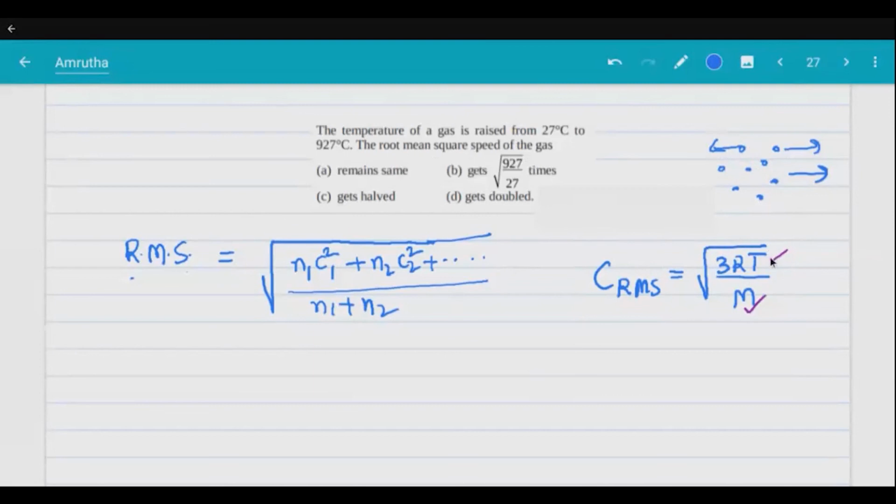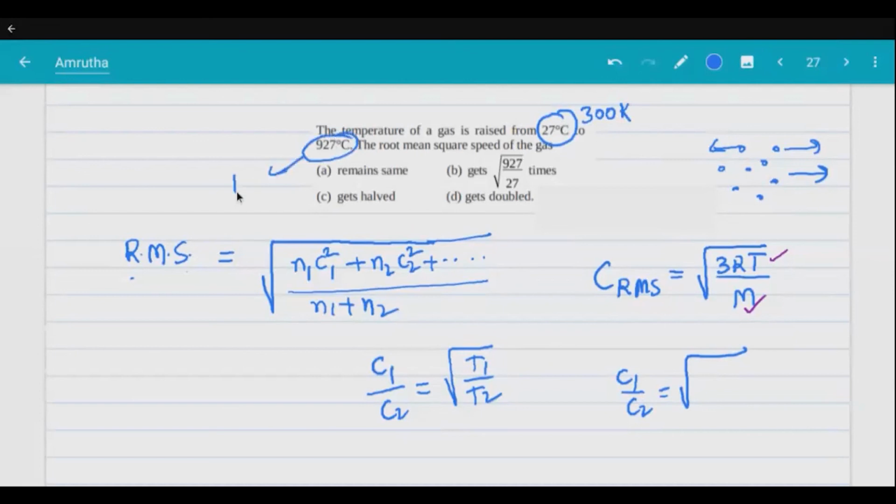You can clearly see this. So I can write C1 by C2 is equal to square root of T1 by T2. Same gas, so M is the same. Temperature dependence, so root T1 by T2. But the most important thing many students forget is that temperature must be in the Kelvin scale. Right. C1 by C2 is equal to root T1, this is 300 Kelvin.